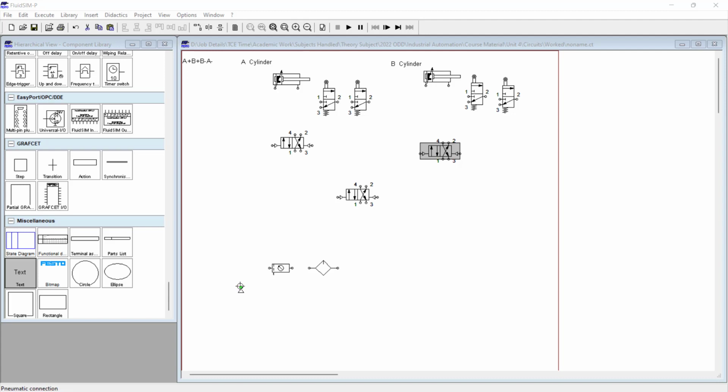Okay, so give the power source to the DCVs and main DCVs.